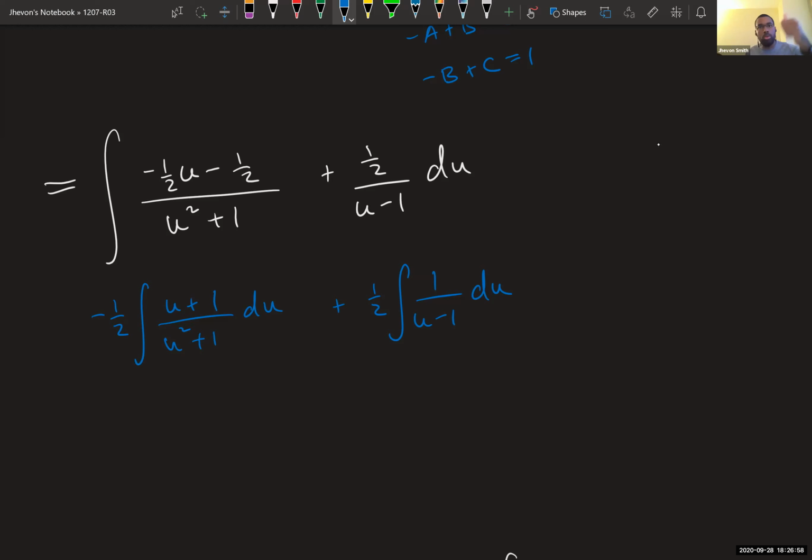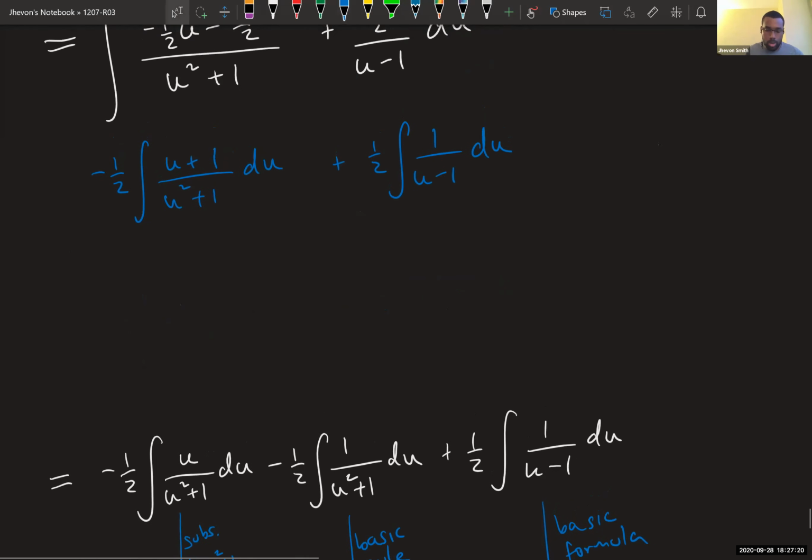Is it a basic rule? Can I simplify it to be a basic rule? Would a substitution work? It turns out that it's not a basic rule, and I can't simplify it to be one. As for the substitution, I would want to substitute the denominator. However, that plus 1 is now out of place, right? Because if I do t equals u squared plus 1, my dt is actually 2u du. So what I would do here is split this further to get the substitution to work on one part, and then I'll deal with the other part separately.